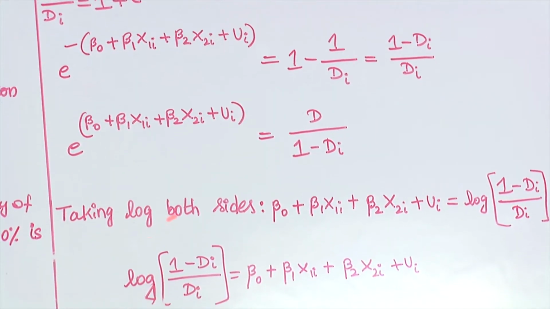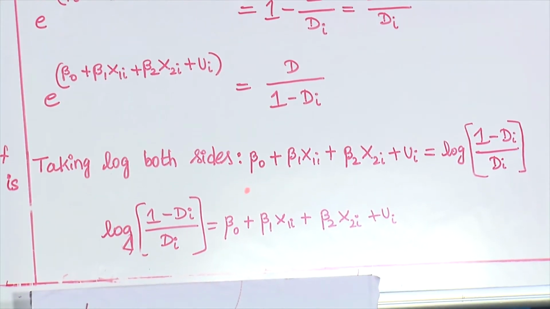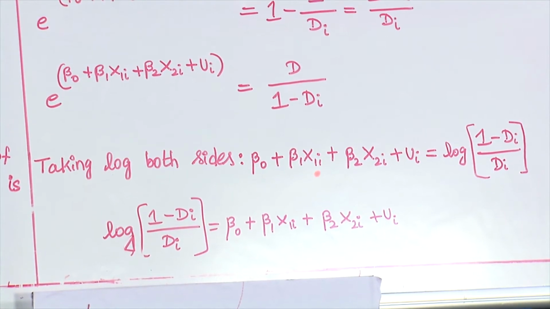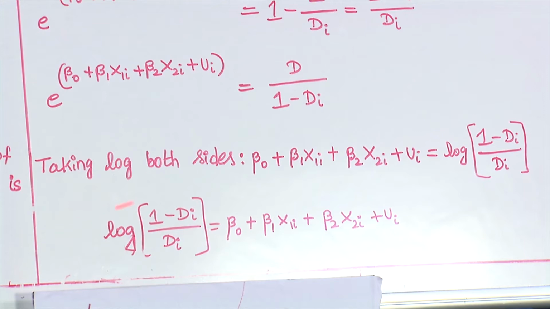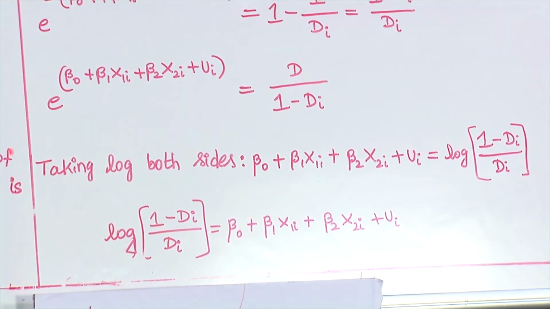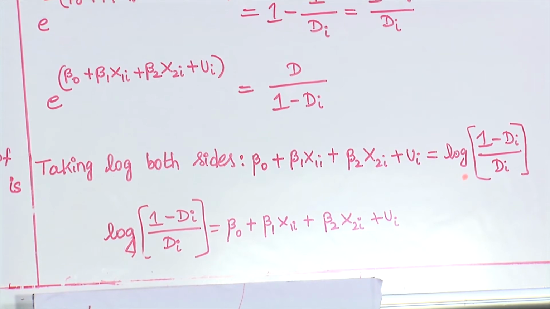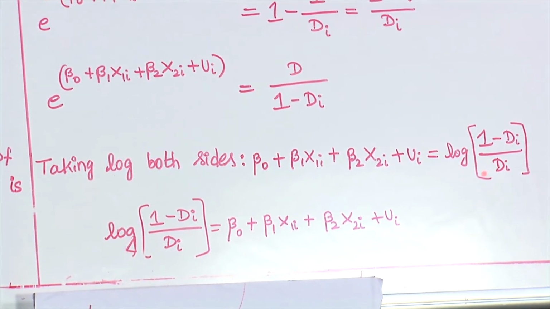Taking log both sides, we get beta 0 plus beta 1 x1i plus beta 2 x2i plus ui is equal to log. This is the natural log, we are taking on both sides. So, log and anti-log will get cancelled, and this is equal to natural log of Di by (1 minus Di).